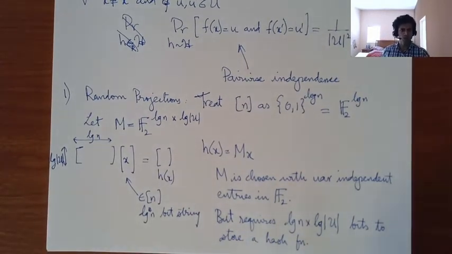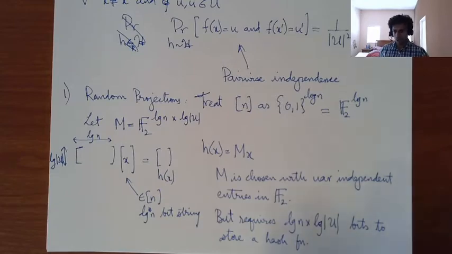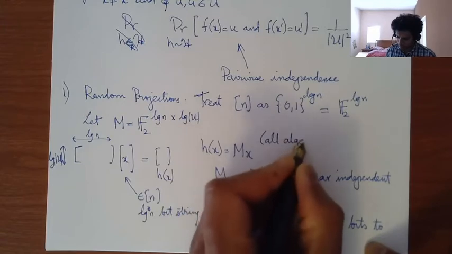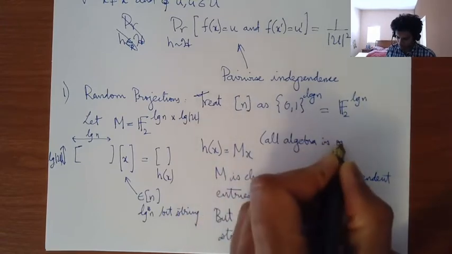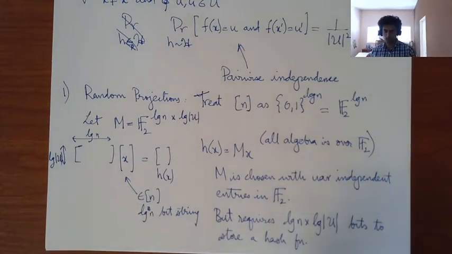So it's not the most efficient, but I want to present this idea to you because it's a very powerful idea, and something we've seen multiple times: the power of random projections. And just to be clear, all the algebra is done over the finite field F2.